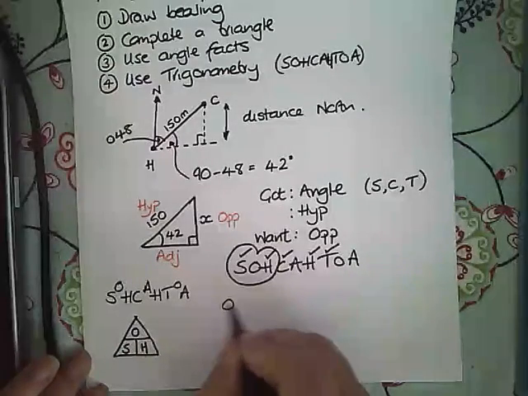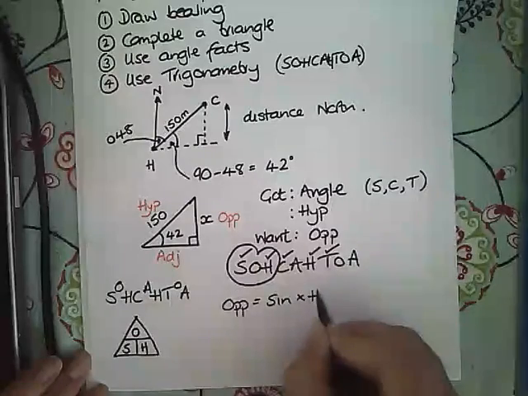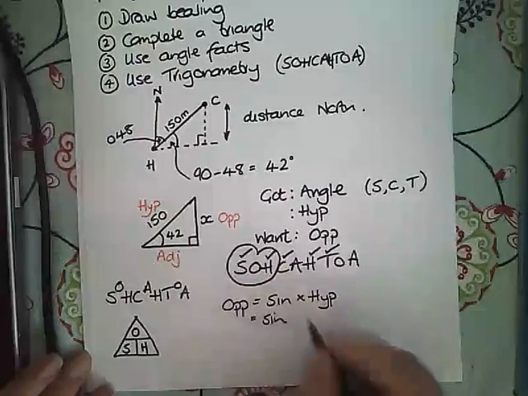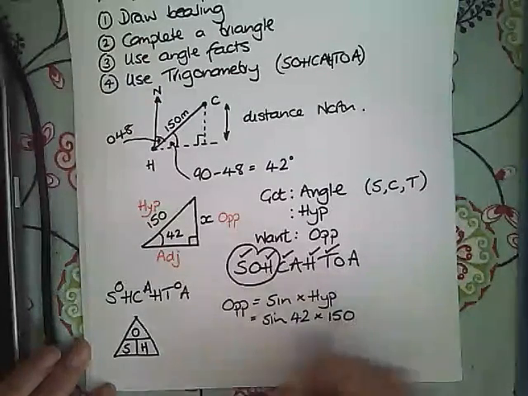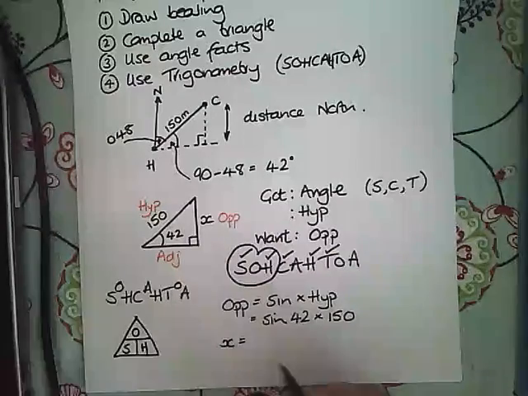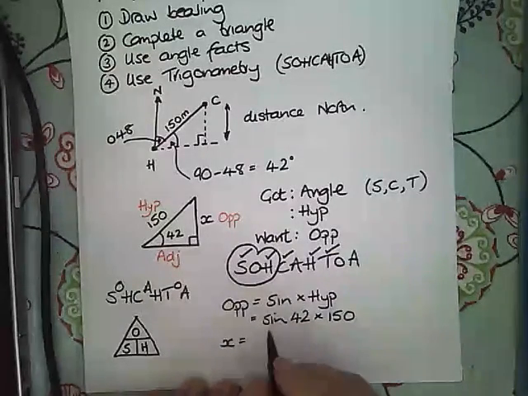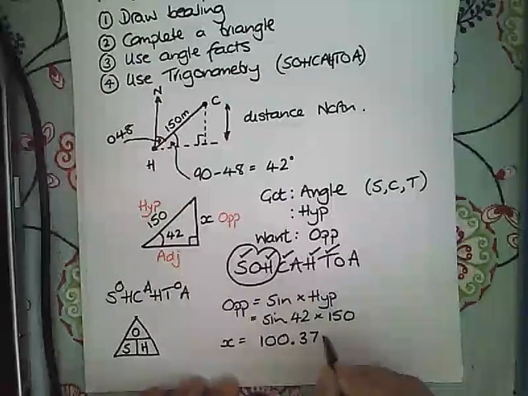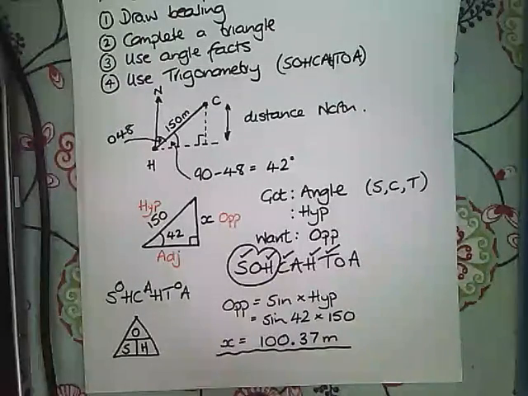So opposite is equal to sine times hypotenuse, which is sine 42 times 150. So that means that x, the distance north, if you put this all in your calculator, comes out to be 100.37 meters. And I have rounded that to 2 decimal places because then that's going down to centimeters.